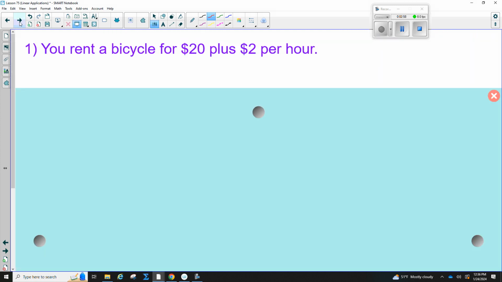For example, you rent a bicycle for $20 plus $2 per hour. So it's 20 bucks to rent the bike, and it's $2 per hour. My equation would look like y equals mx plus b. What is the m? 2, because this is a rate.